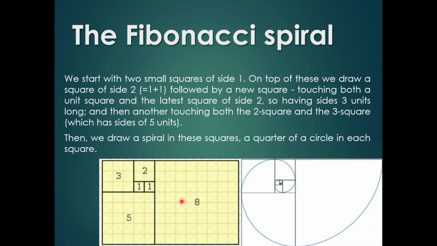Okay, so next thing is if you draw these squares. Which type of squares? The first square is a square with side 1. The second square is also a square with side 1. You remember the Fibonacci series, the numbers are 1, 1, 2, 3, 5, 8. So first one is 1, second one is also 1. So we draw a square with side 1 here and another square with side 1.